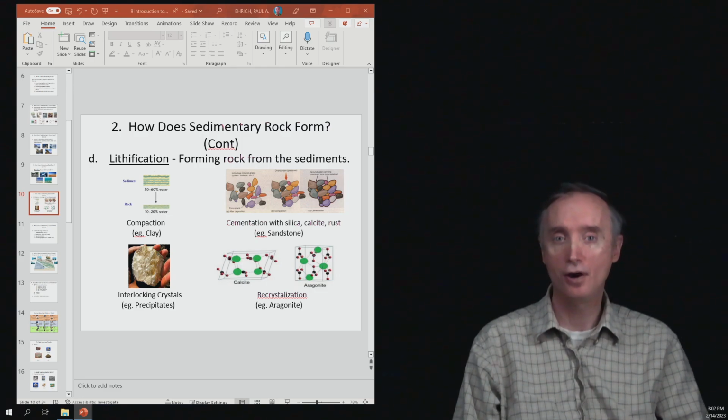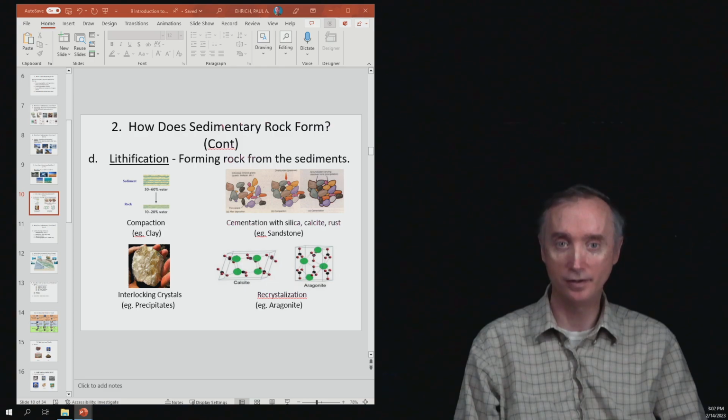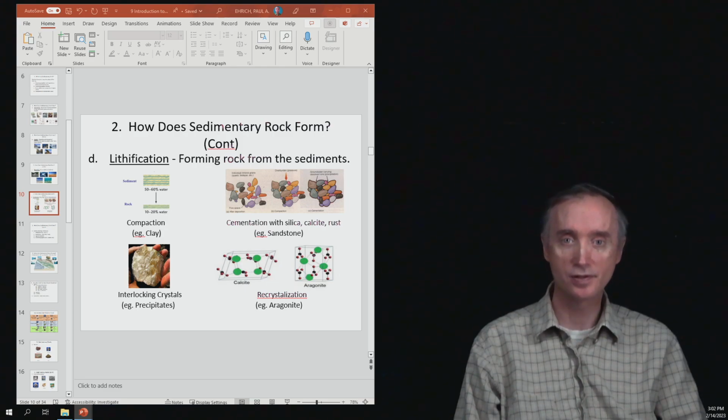So how are you going to know that it's been glued together with calcite? Well, do you remember that calcite's a mineral, and what happens when you put acid on calcite? It fizzes.